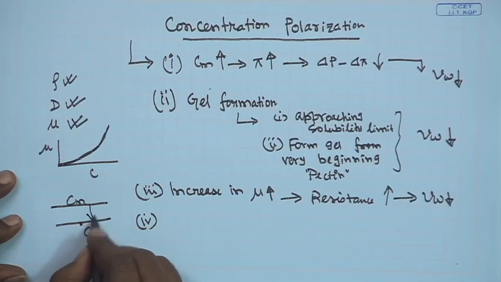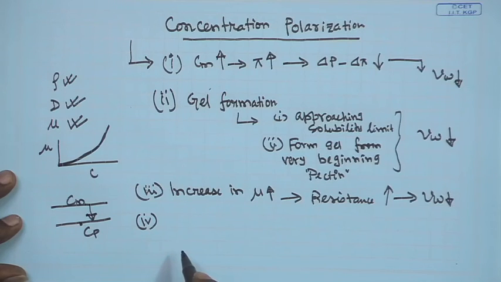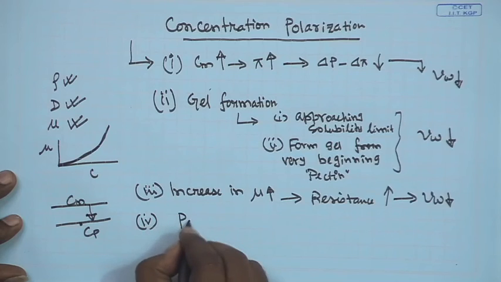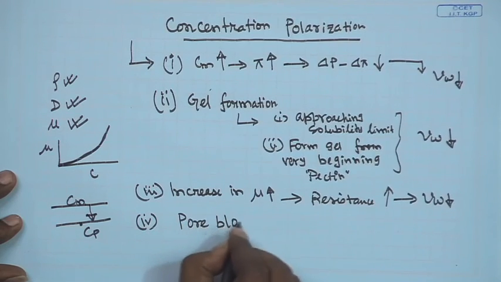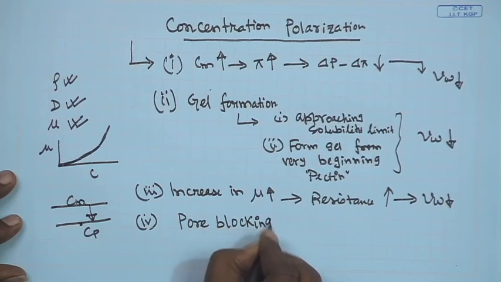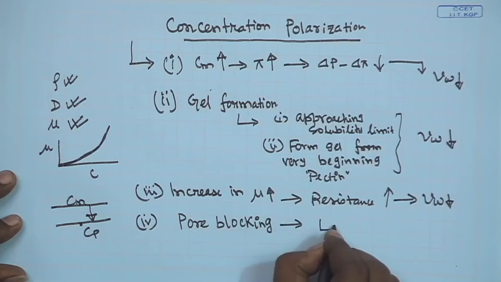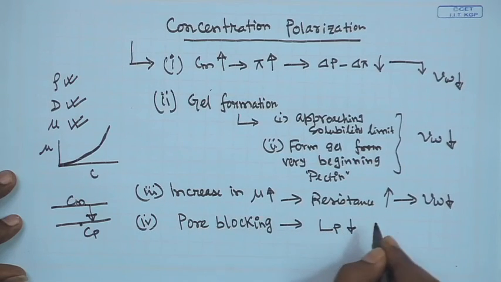So, there exists a concentration gradient across the membrane cross section, and because of this gradient some solutes will be transported through the membrane pores, and during transport they can block some of the pores permanently or partially or completely. So, it will lead to pore blocking. What is the manifestation of pore blocking? Pore blocking is manifested by reduction in membrane permeability. So, membrane permeability goes down because of the pore blocking.